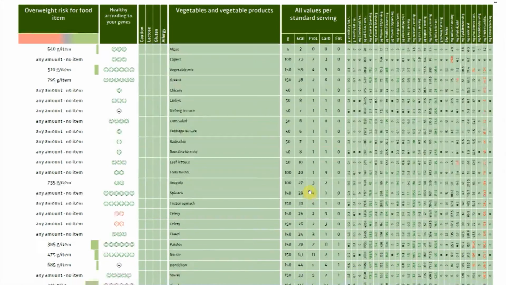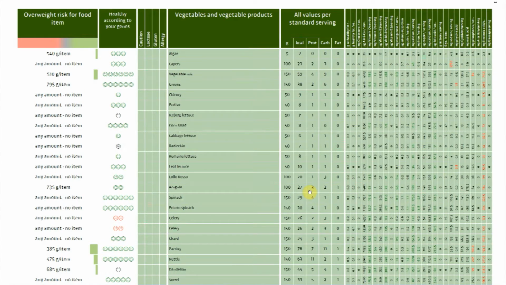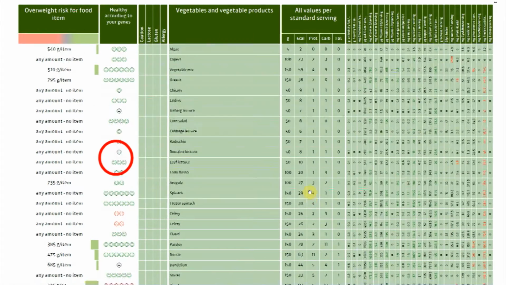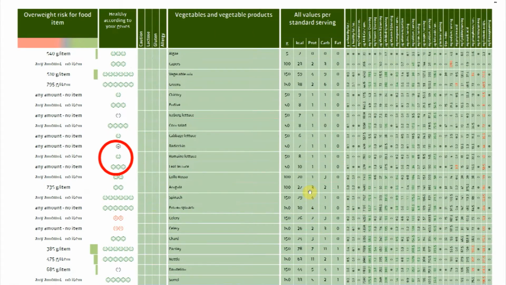Then there are neutral faces, these black ones, iceberg lettuce, for example. It means it contains some negative stuff, but also some good stuff, and they kind of balance each other out, so it's neither good nor bad for you to eat this. And then there is one red smiley face. That means more bad stuff in it than good things, and it goes up to 7 unhappy faces.